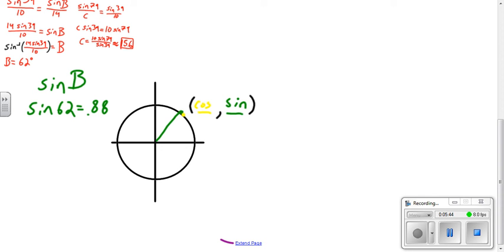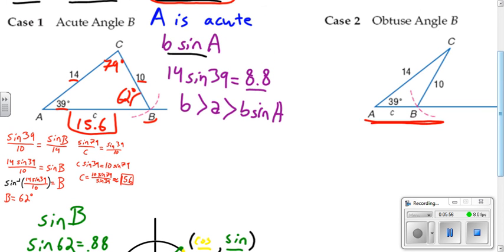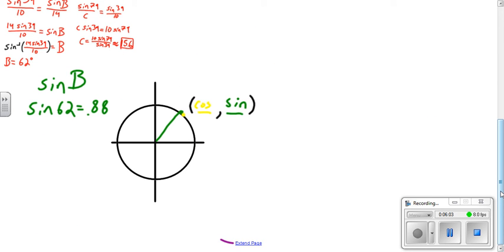So we'll use that as our point. Well, if we wanted to find another place where the sine of B remains the same, and we needed the sine to remain the same because in this case we're using the law of sines to solve it, so we need to make sure that even though B is obtuse, it has the same sine. Well, where else is this y value going to be the same on the circle?